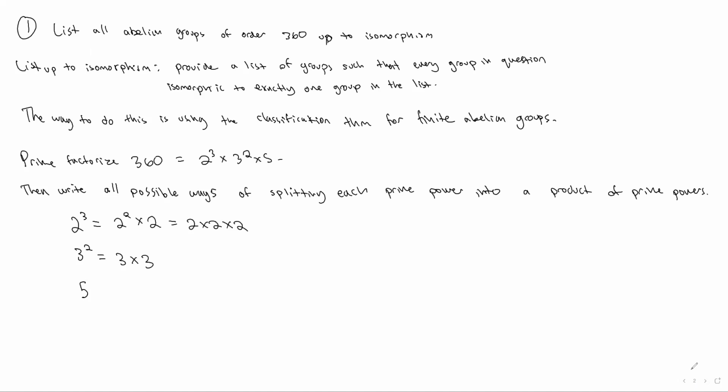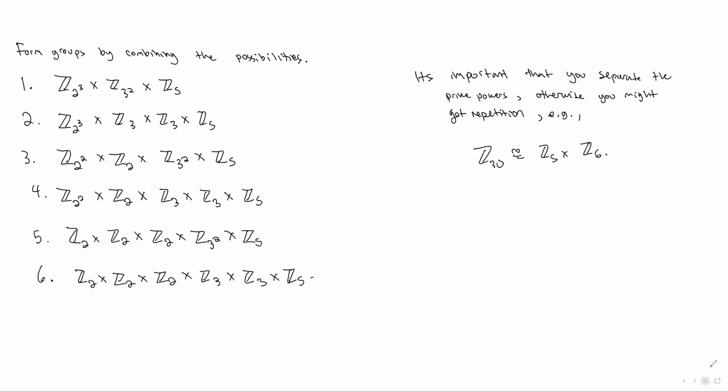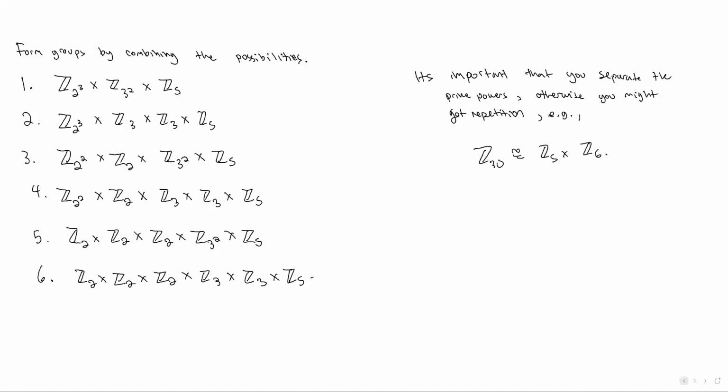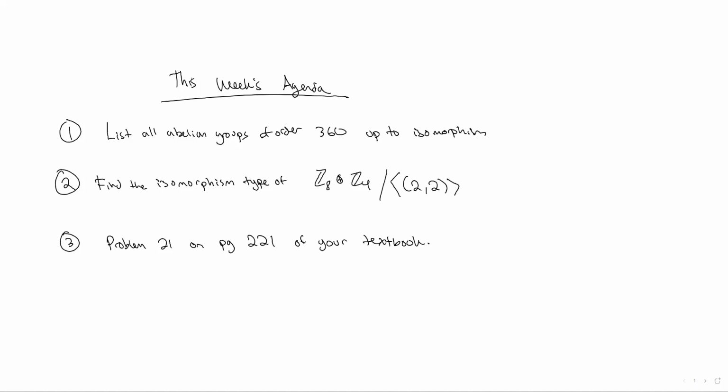And then you just have to figure out for each prime power, what are all the different ways you could split it. So 2 cubed can be 2 cubed, 2 squared times 2, or 2 times 2 times 2. 3 squared could be itself, or 3 times 3. And then combining all those possibilities gives you 6 options. Do let me know whenever you want me to go back. It's no problem for me.